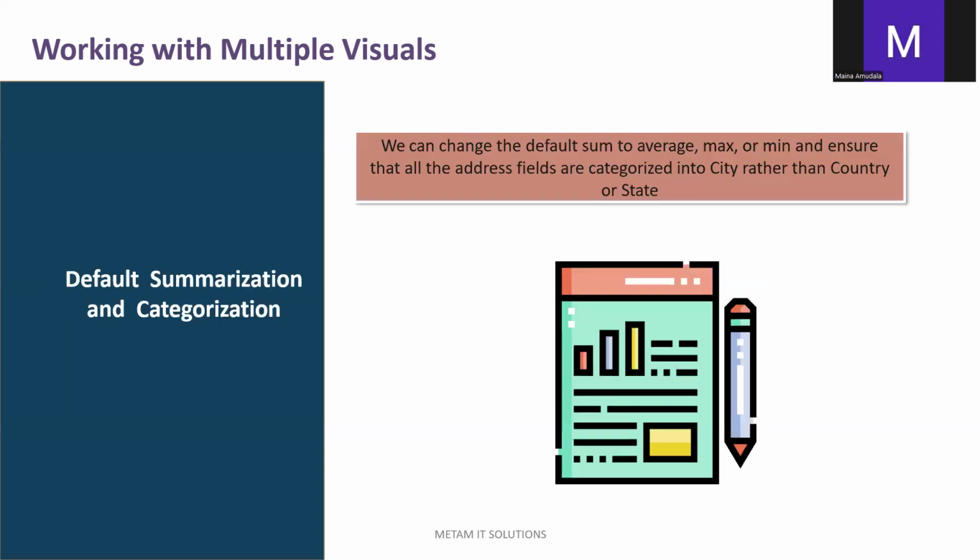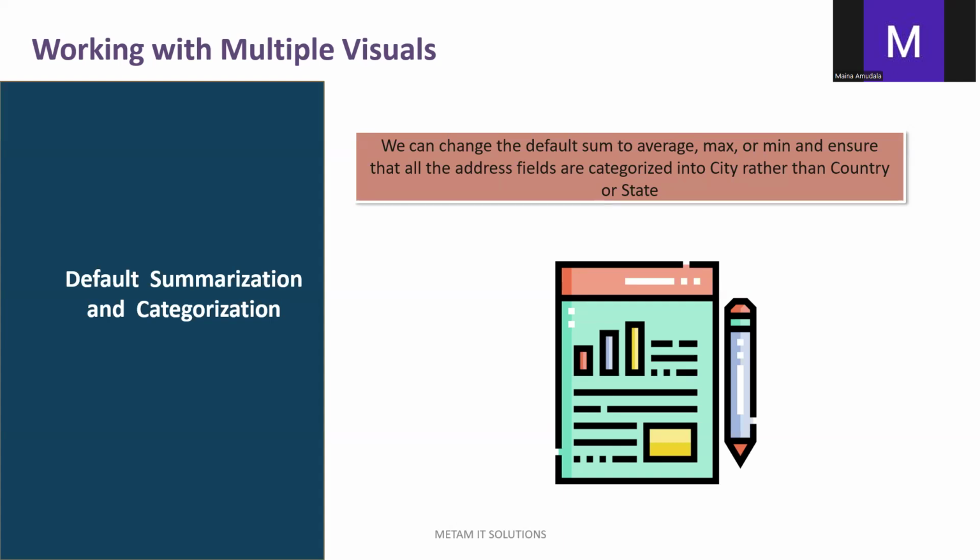This is default summarization and categorization. We can change the default sum to average, maximum, or minimum, and ensure that address fields are categorized into city rather than country or state.